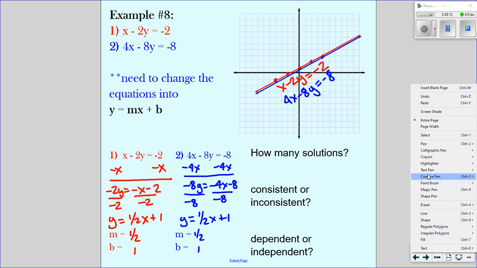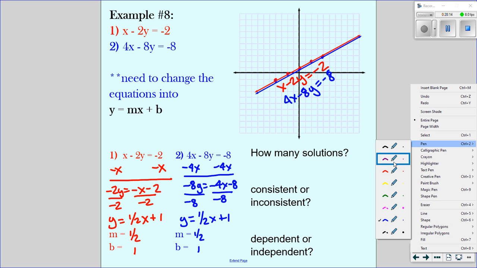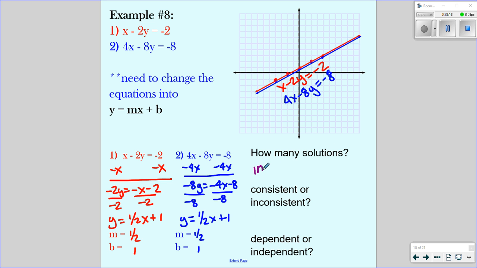How many solutions? They're both shown on the same line, so it's infinitely many solutions. And I'm just going to put the word infinite. And consistent or inconsistent? It's consistent because they're sharing points between the two. And they're dependent on each other because one needs the other line's points and vice versa.